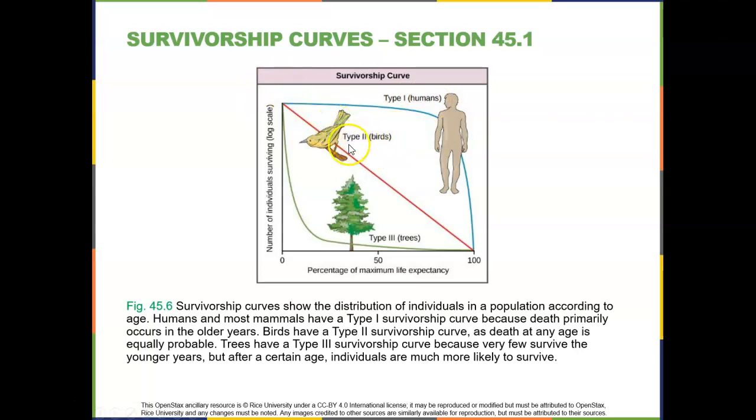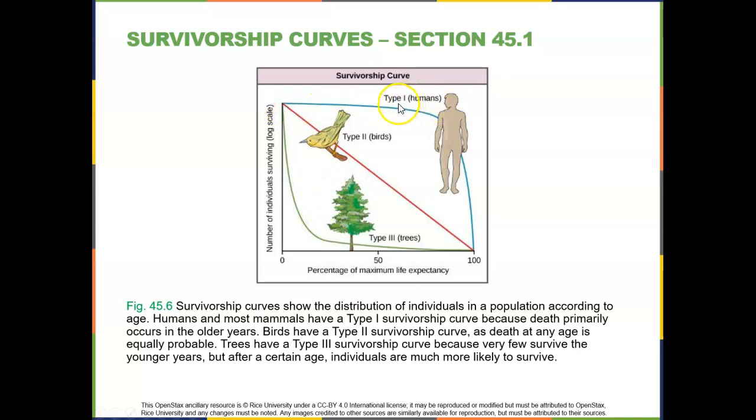Survivorship type 2, which is exhibited by most birds, which is in this red line, and survivorship type 3, which is in the green line, and we see demonstrated here by tree species, but also a lot of invertebrates and fish have a similar type of survivorship curve. All of these depend on the relationship between parents and offspring and how much care is given to the offspring and their ability to survive.